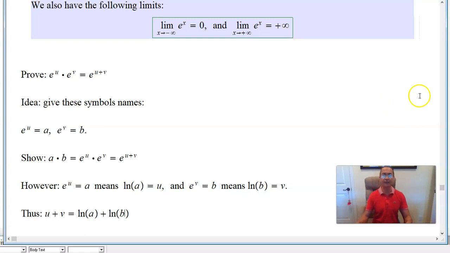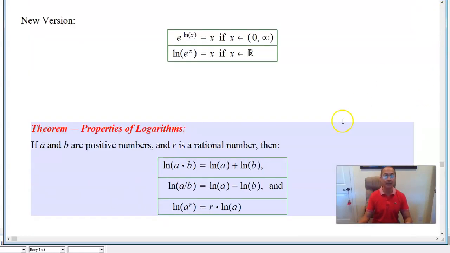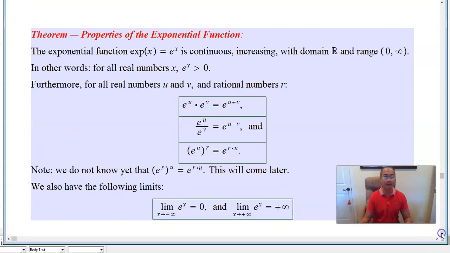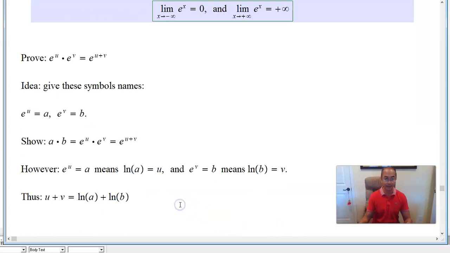Ooh, does that sound familiar? Let's go back to our properties here. We said that ln of a plus ln of b must be ln of a times b. Excellent. So we know that ln of a plus ln of b must be the same as ln of a times b. Okay, so we already have this over here. Oh, wait a minute.